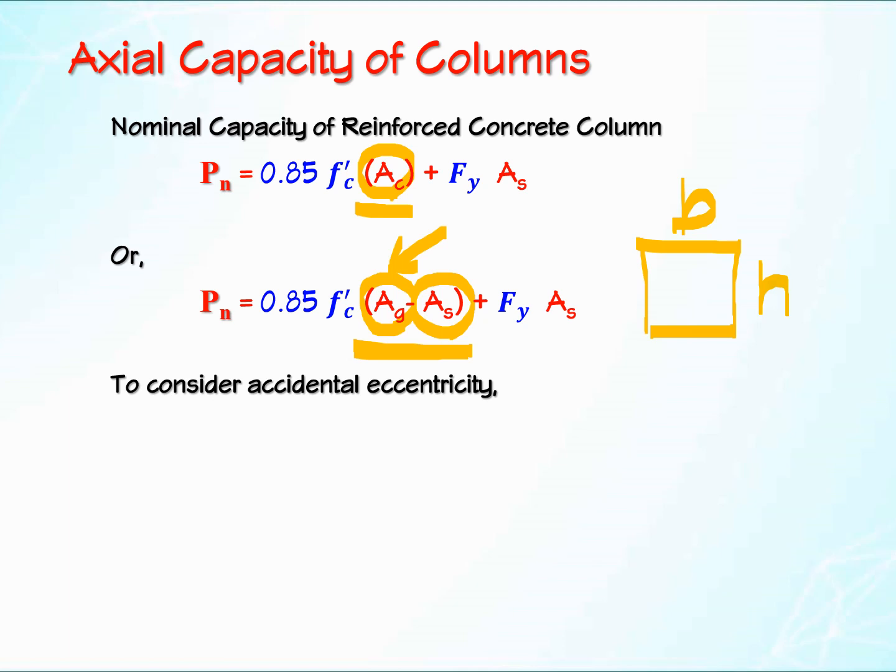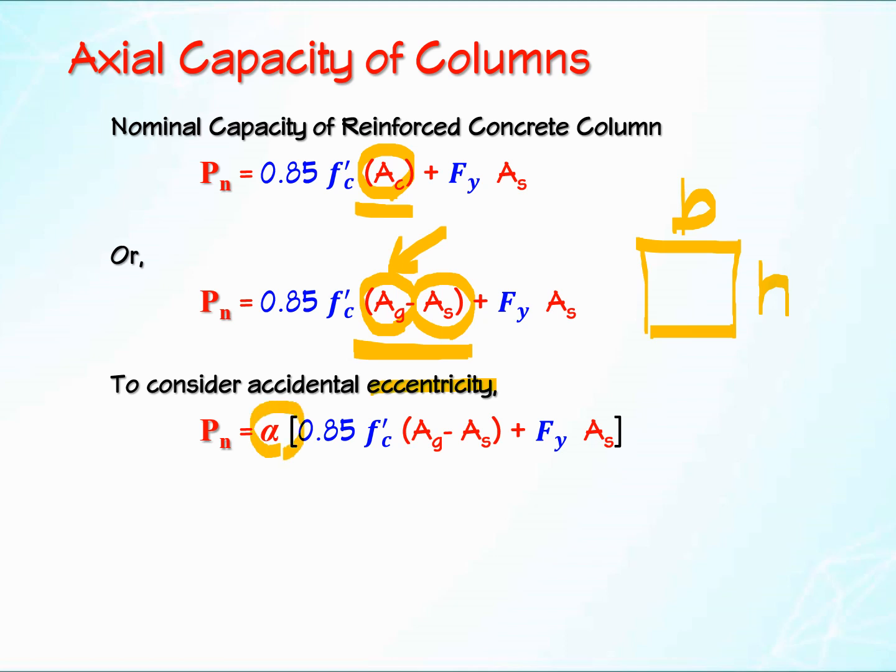We need to consider accidental eccentricity because no column is perfectly straight and no load is 100% concentric. So there is certain amount of eccentricity. So to consider that eccentricity, we are going to consider alpha factor.